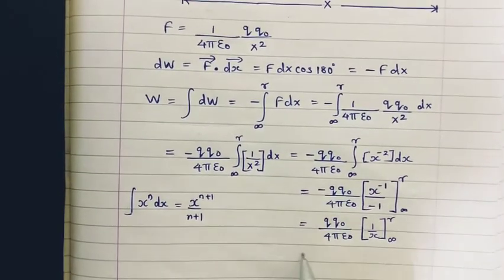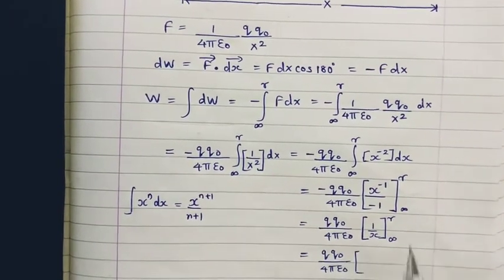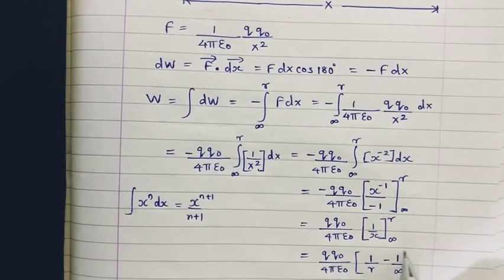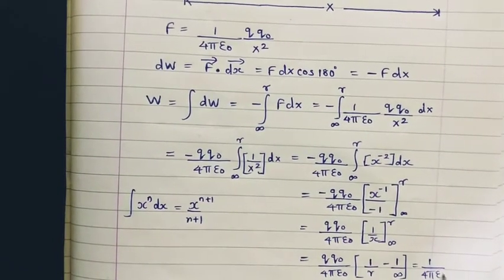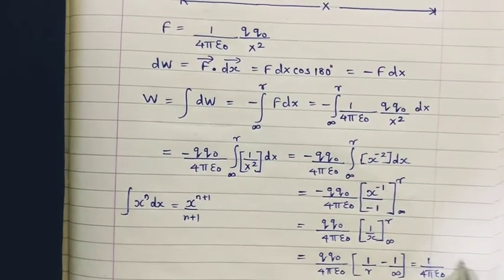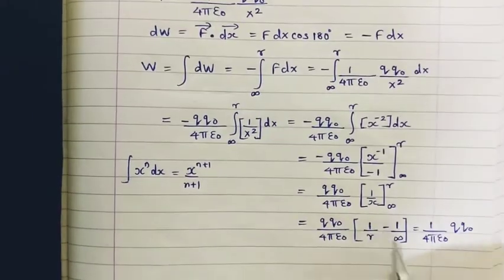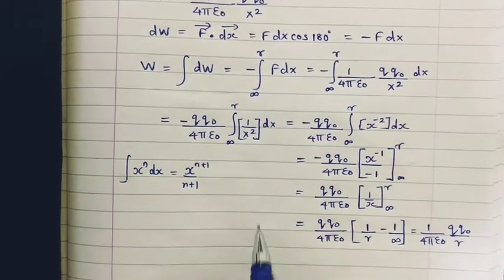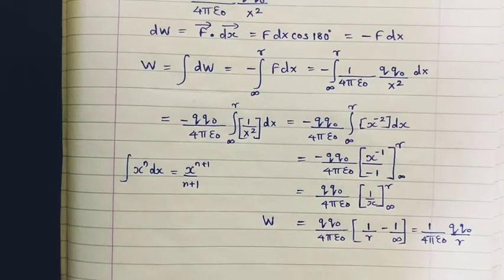As we continue, we have to substitute the upper limit first, so it's going to be 1 upon r minus the lower limit, 1 upon infinity. 1 upon infinity is nothing but 0. So it is going to be q q naught upon 4 pi epsilon naught r. This is going to be your work done in getting the charge q naught from infinity to point P.